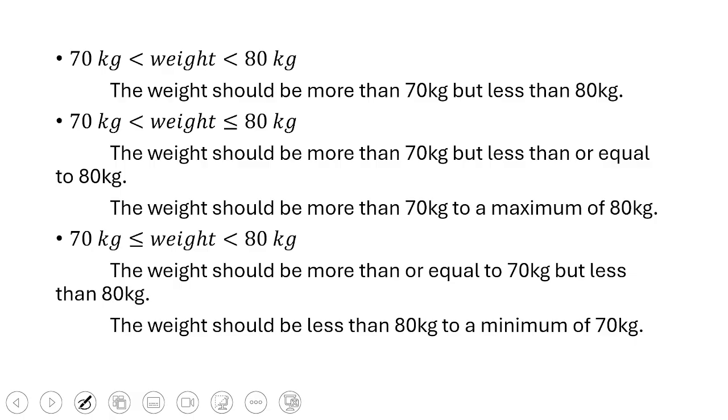So you can accept here 70.1, 71, 72. You can accept even up to 79, 79.5, 79.9, and so on, as long as it does not reach 80 and does not go down to 70. So everything in between except 70 and 80 themselves.